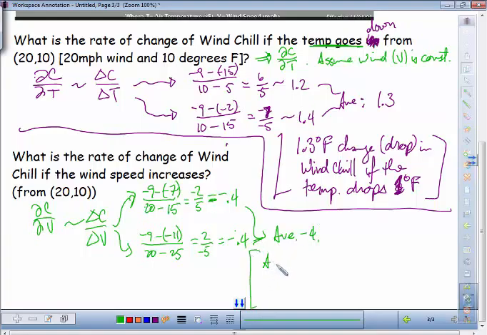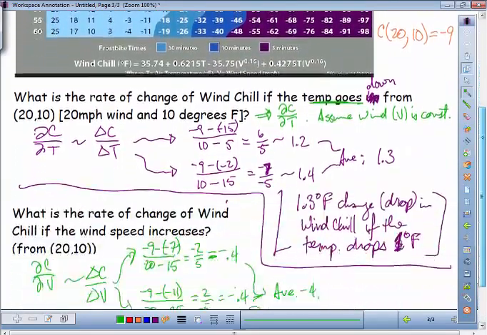So as the wind speed increases by 1 mile per hour, because they're mph, right? Wind speed, mph.